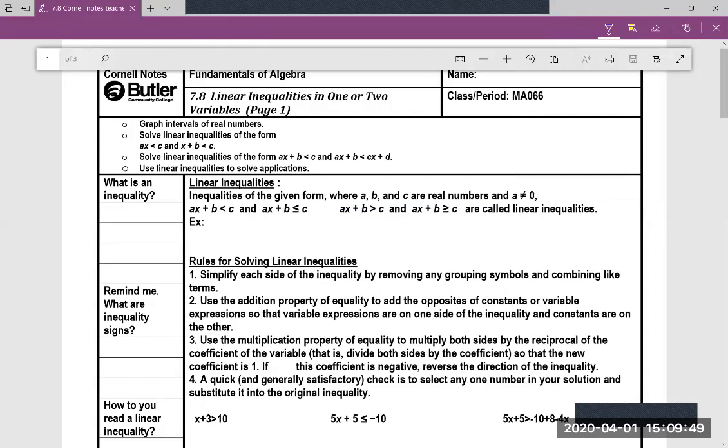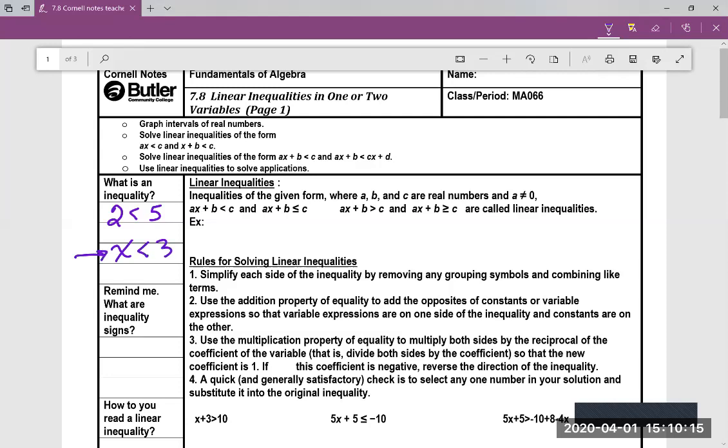This is a couple pages of a lesson. This is linear inequalities in one or two variables. Well, first off, when we talk about what is an inequality, it's something like 2 is less than 5. And once we get into algebra, you're going to see a variable in that, like x is less than 3.